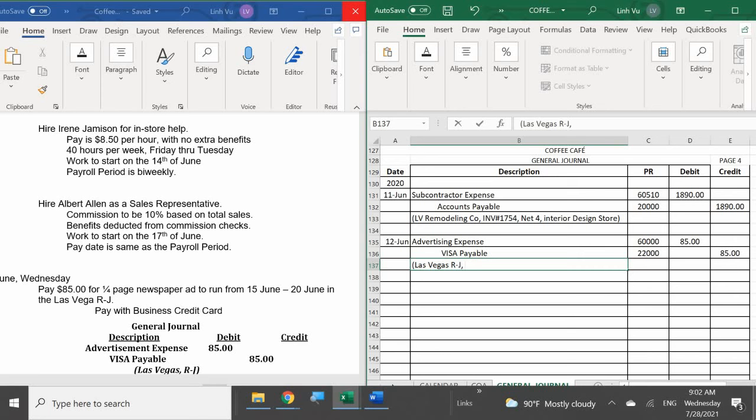Okay. No invoice number or anything like that. Okay, but I could put that this was for a half-page newspaper ad. Okay. I don't need to write that I paid with a Visa credit card because I've already indicated the account right there.